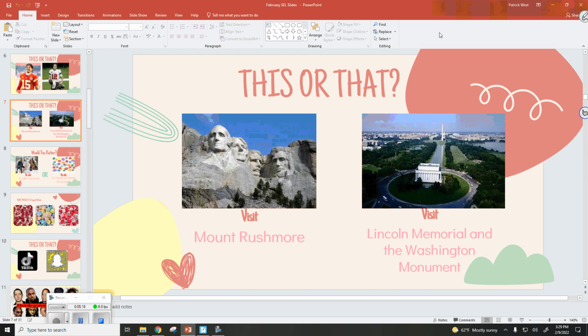Oh yeah, a lot of people. He is sitting there. It's true. Okay. Tranquility of nature, seeing giant faces on a rock. Okay. Very cool. All right. Anybody else?